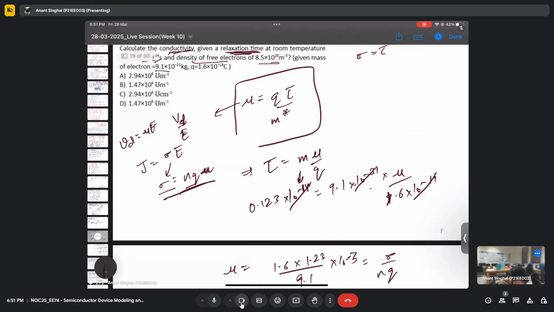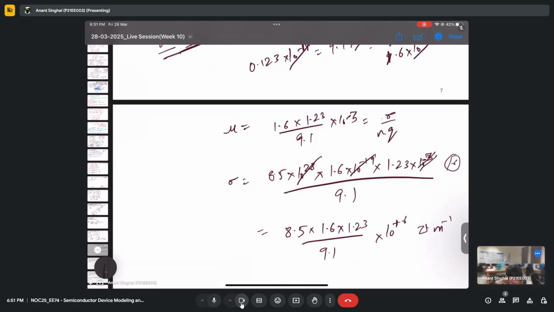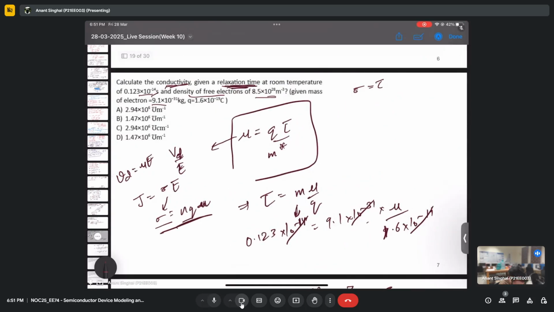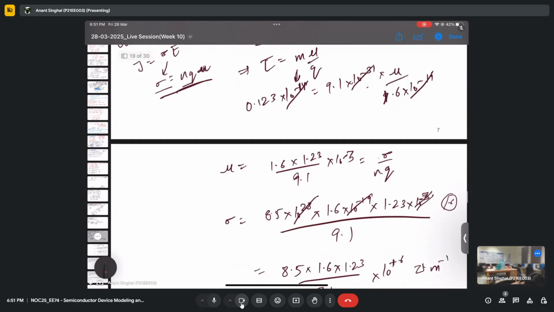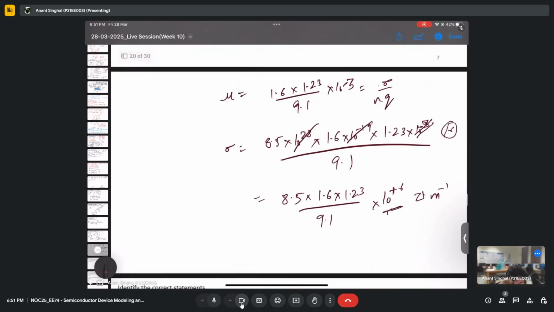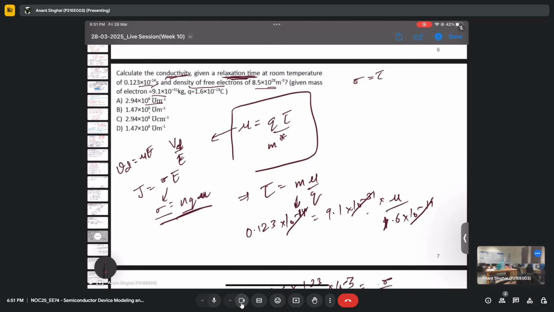Let's check. Somewhere I made some calculation mistake maybe, but it should come in 10 raised to 6 Siemens per meter inverse, and there are two options, or even three.